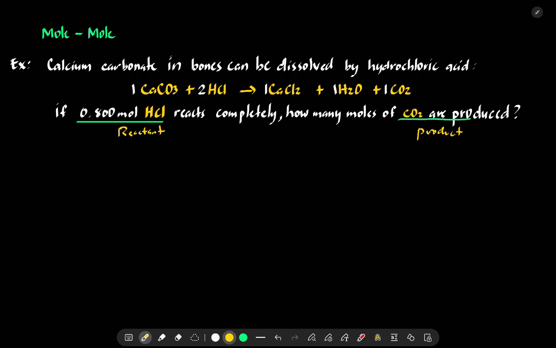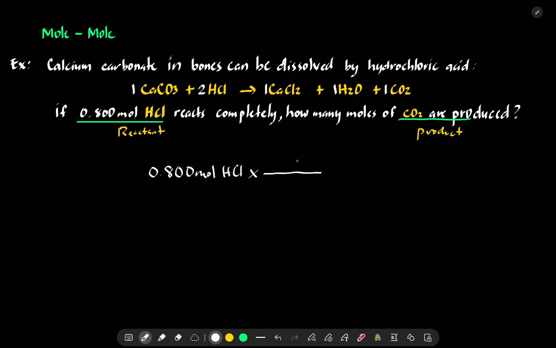Mole to mole pa lang ito. So you always write first the given, which is 0.800 mole of HCl. Okay? And i-multiply nyo lang siya sa stoichiometric ratio.